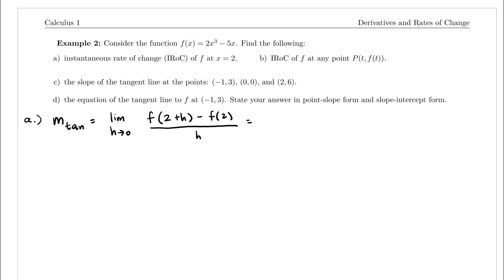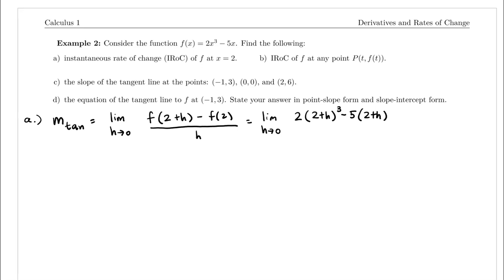So this time we have a different function, so I'm going to go ahead and evaluate f of 2 plus h. That's going to be 2 times 2 plus h quantity cubed minus 5 times 2 plus h.